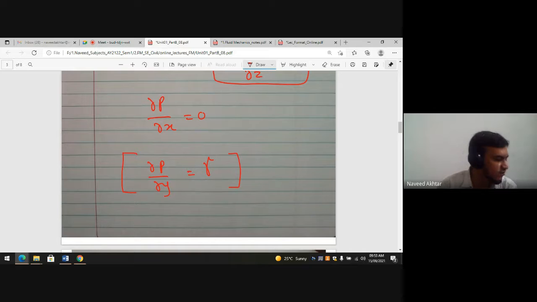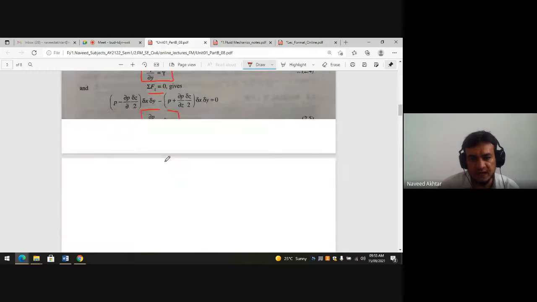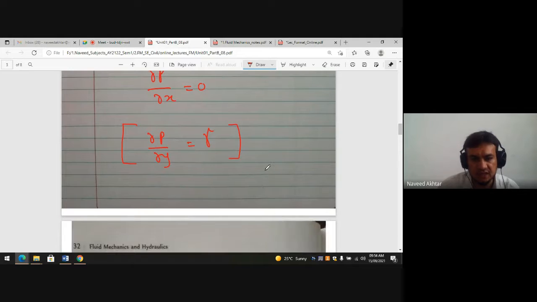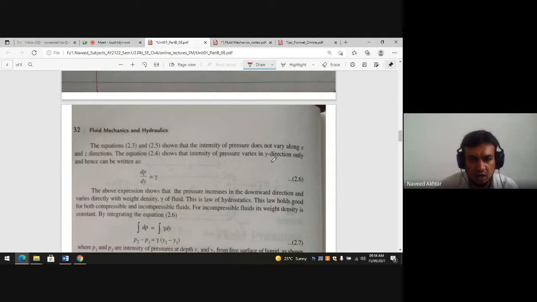Therefore, equation 2.3, dou p by dou x is equal to 0, and dou p by dou z is equal to 0, which is equation 2.5, shows that the intensity of pressure does not vary along the x and z directions.